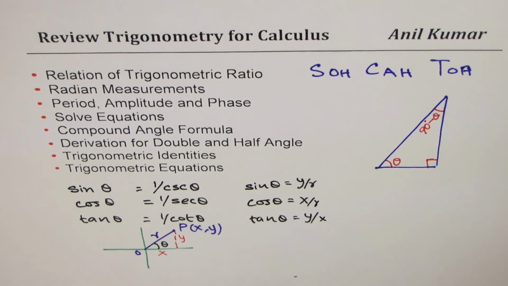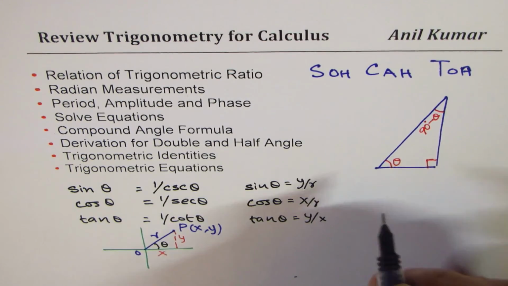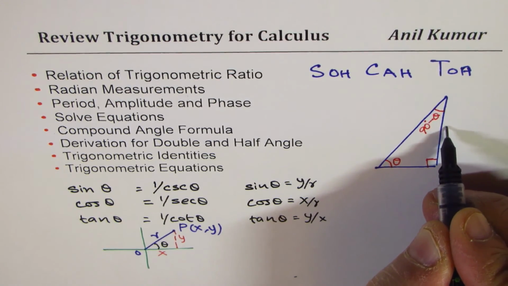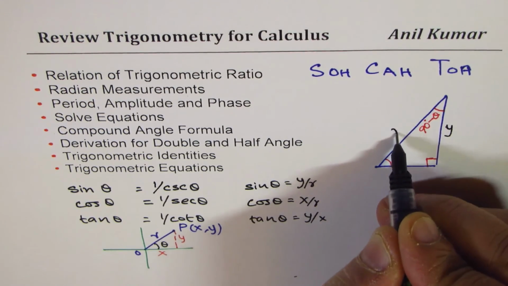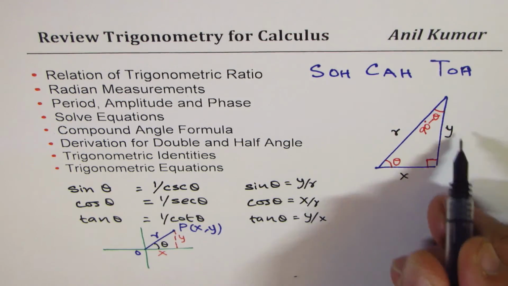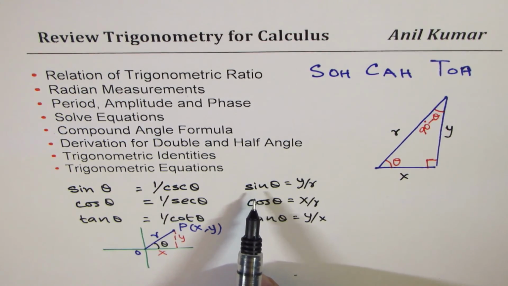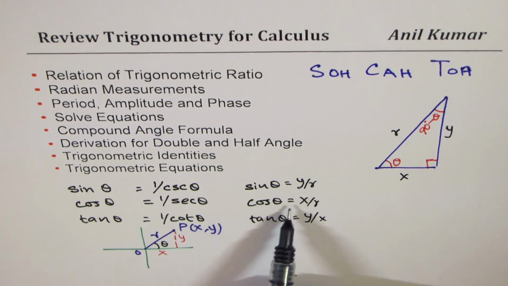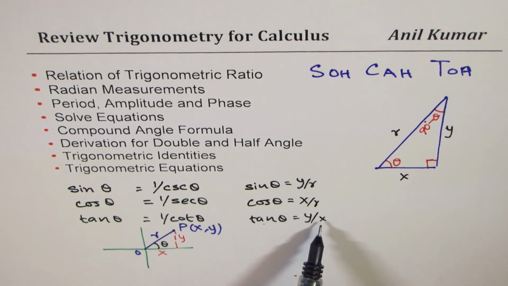Perfect. Now, if I have, let's say this side is y, this is x, and this is r, you will recall that in this particular triangle, as we see, sine theta is y over r, cos theta is x over r, tan theta is y over x.